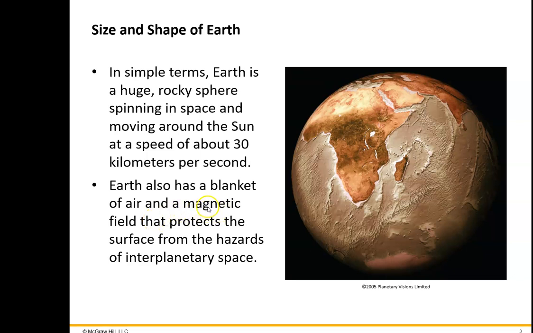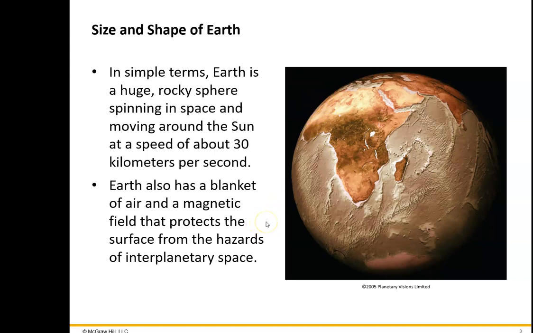We don't really think about it, but the air and the magnetic field are actually protecting us from space. We would not be alive if it wasn't for the magnetic field of the Earth, and of course the atmosphere. We need the atmosphere to breathe, obviously, but it does so much more than that.